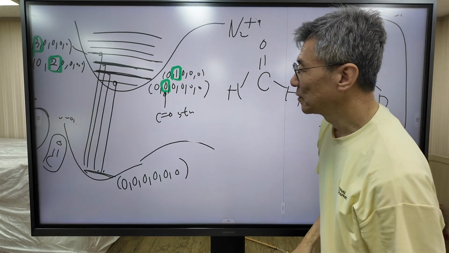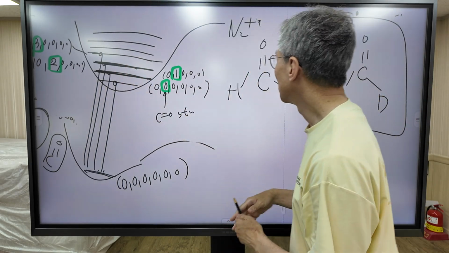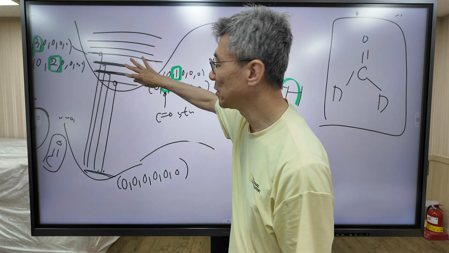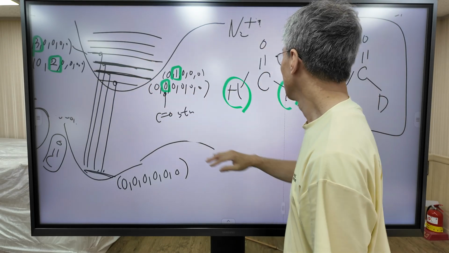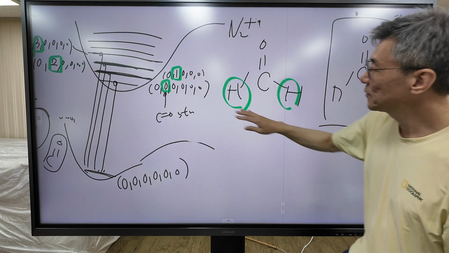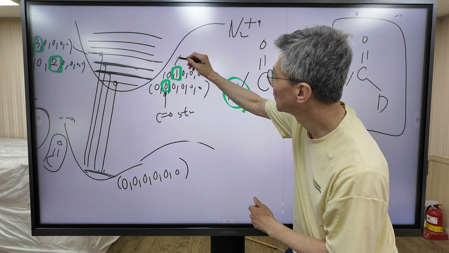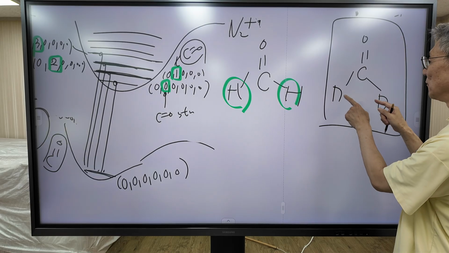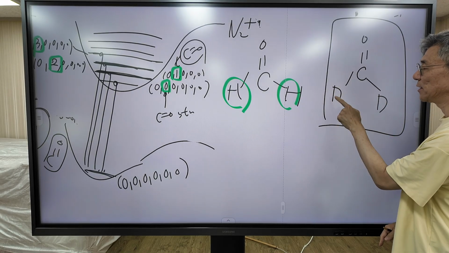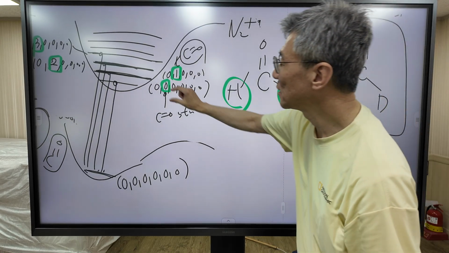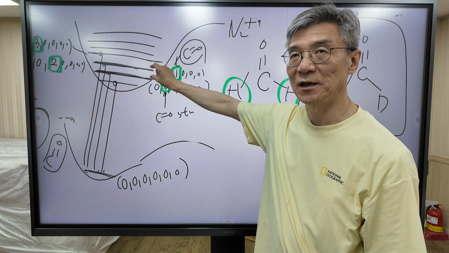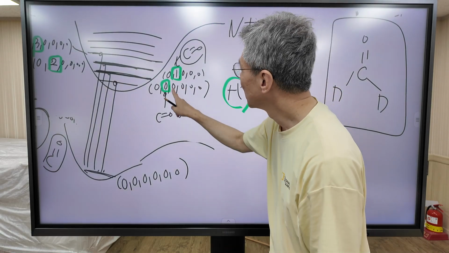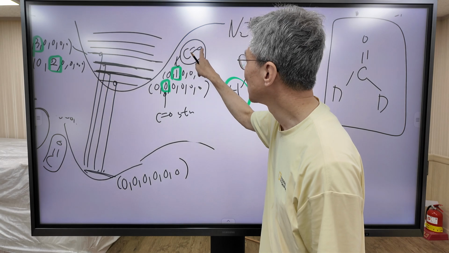If this vibrational mode involved hydrogen, the vibrational spacing would change. But if this vibrational mode is CO stretching like this, even though hydrogen is replaced by deuterium, the vibrational spacing does not change. Understand? As I said before, this mode is CO stretching.